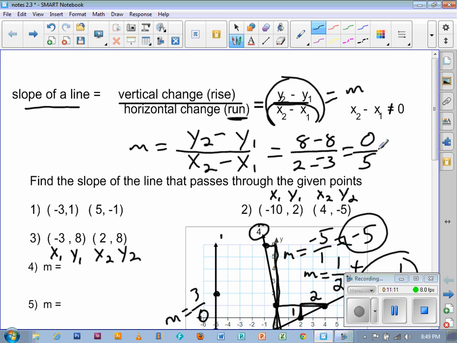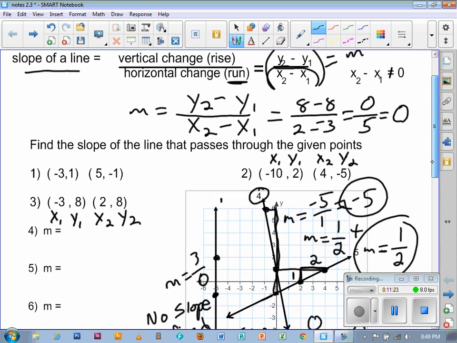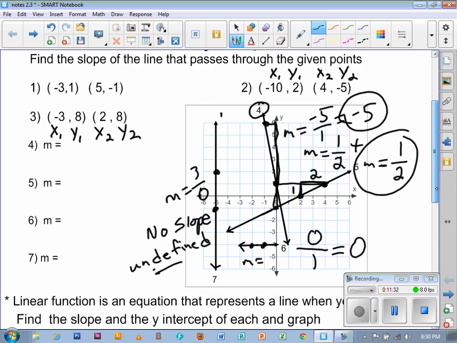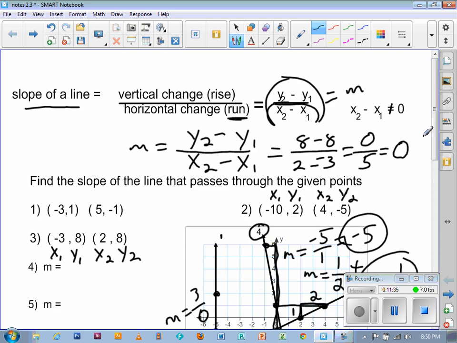If you see 0 pop up on top, that means our rise is 0, but our run is 5. We're okay with that. So we have a 0 slope existing here. That's very similar to the graphing problem down here where we had a 0 on top and 1 on the bottom. The run is some number. The rise is always 0. That equals 0. Now if you were going to do this with a set of points and 0 popped up on the bottom, then you write undefined. Don't put 0 because it doesn't have a 0 slope. Write undefined for your slope.